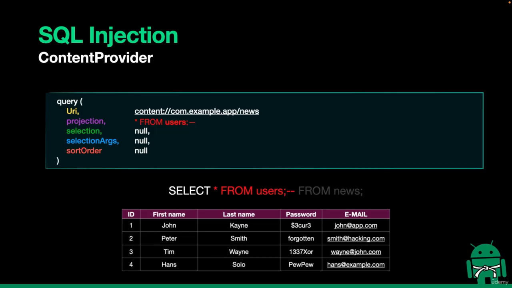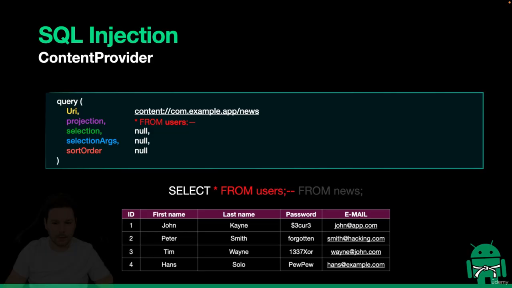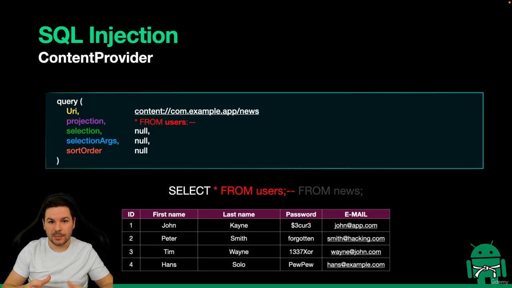Yes, and it is. But there's a little bit of a downside. To be honest, I haven't encountered an SQL injection within a content provider which was really exploitable. Why? Because most of the time the developer is giving you access to the database anyway. So if we get access to the news table, then we might have also access to the users table.